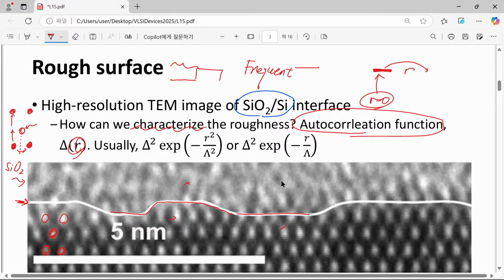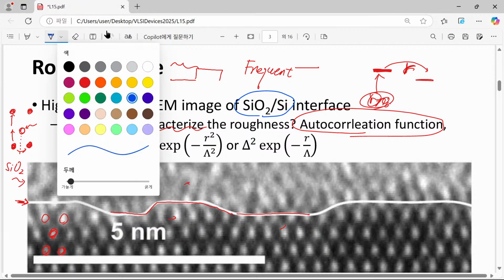In this case, this is the origin and the distance is r. Then what is the product between this level and that level? This product is calculated. Let me say a little bit more.